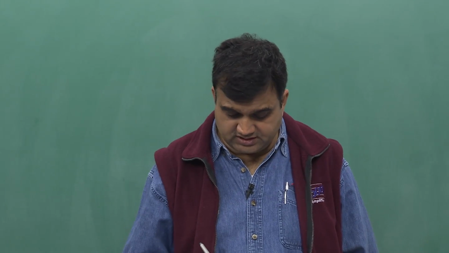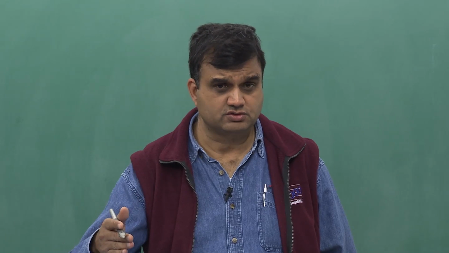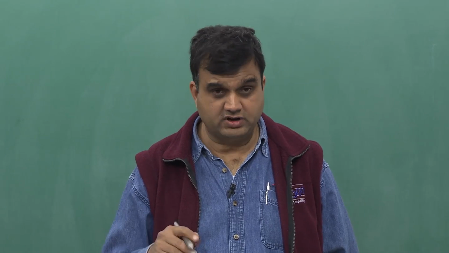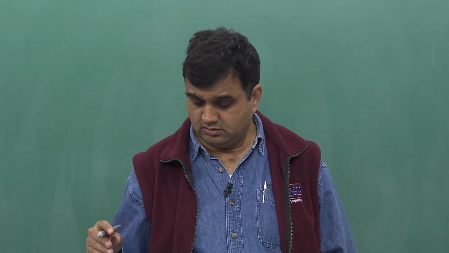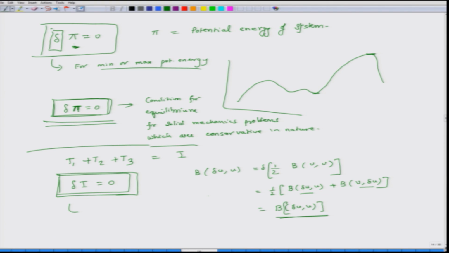Then we can still get this variation of I to be 0, but not through the process which I have explained, but through some other process, which we will not discuss in this course. But in this course, we are saying that variation of I equals 0, and we show that only in context of functionals which are bilinear and symmetric. They have to be both.